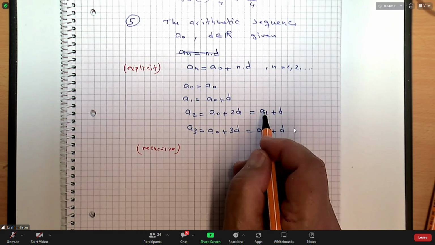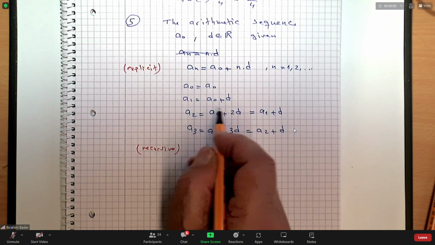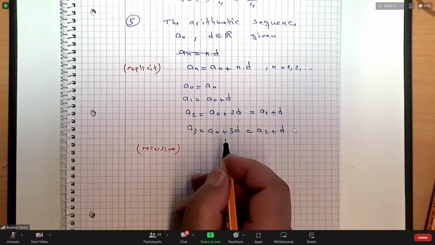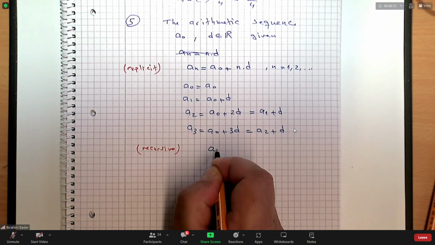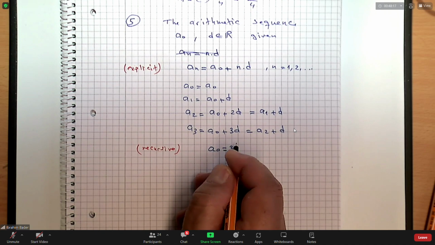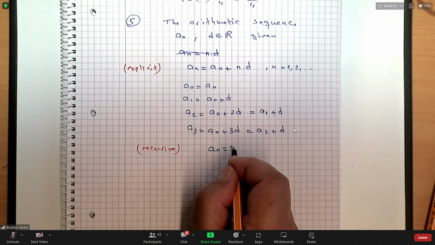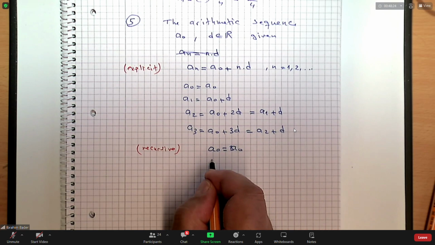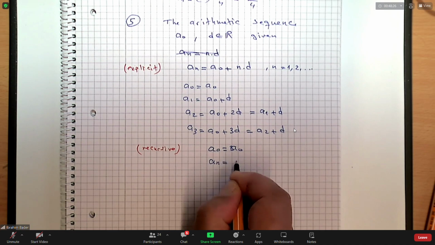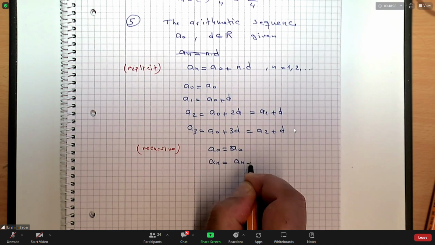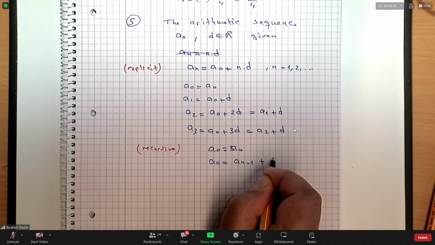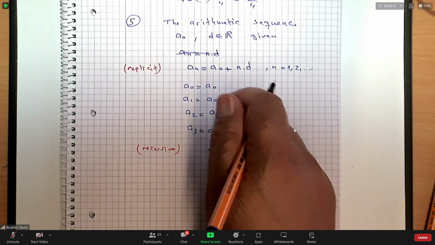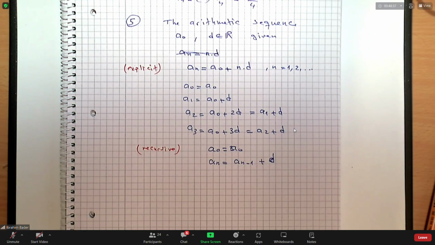It's just A2 equals A1 plus D. So A0 is given, then you have A_n equals A_{n-1} plus D. You see here, for each element, you add D to the previous element.